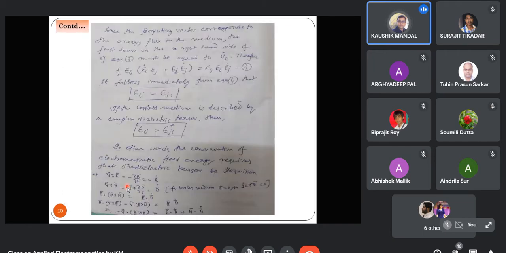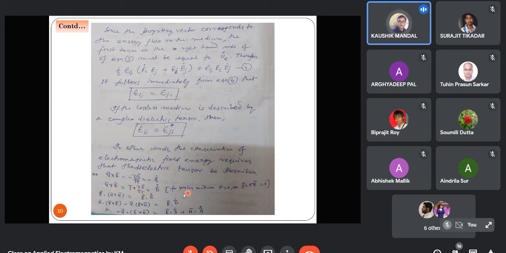Now instead of writing this equation directly, you can consider these last equations. How are we getting this last equation? Simply from the Maxwell's equations. Curl E equal to minus del B del t, that is the minus of B dot. Now curl H is equal to, as per the Maxwell's equation, J plus del D del t.